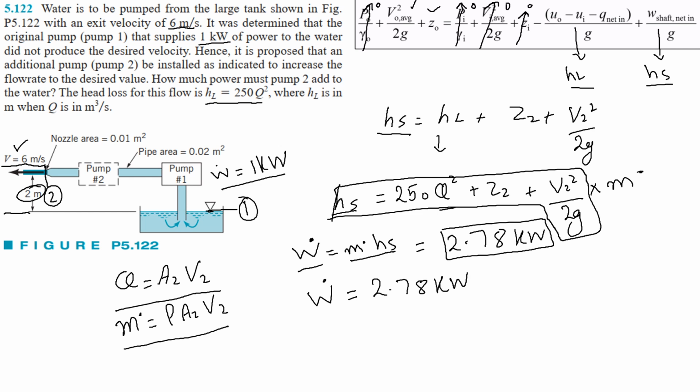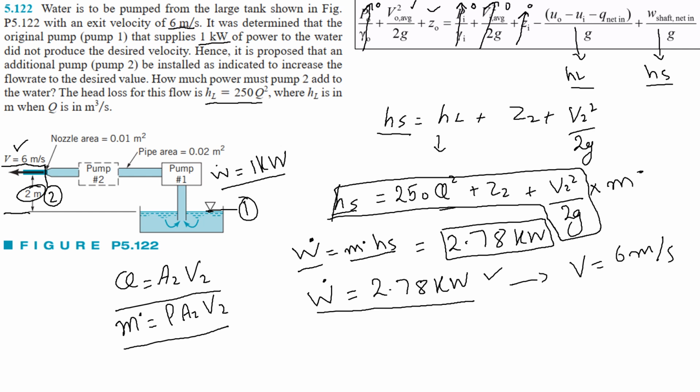So we need this much power. The power from both the pumps must be this much to get our exit velocity equal to 6 meter per second. So we need to find the power of the second pump that is required. The power of the first pump was 1 kilowatt.